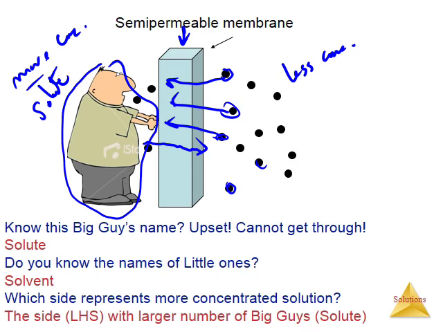The right hand side is less concentrated because there is no solute, and on the left hand side, to make it simpler, we have one solute molecule, that's the big guy. So the solvent particles always go from the less concentrated side towards the more concentrated side. Keep this in mind.